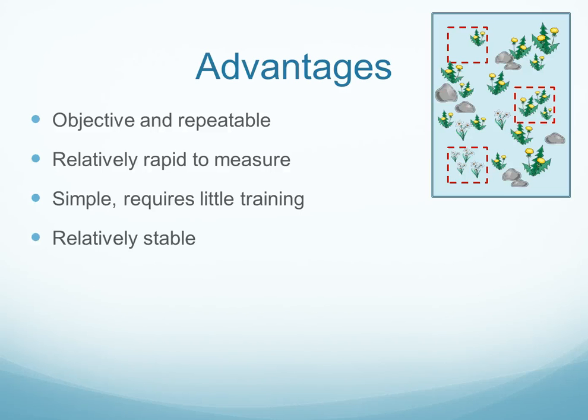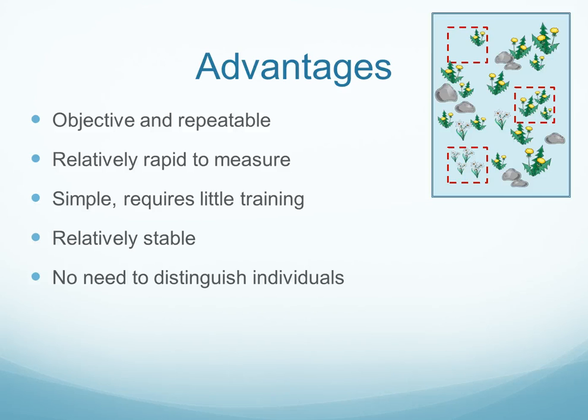Frequency measurements are relatively stable to environmental fluctuations that we would expect to see with changing seasons, or even between years. It's also relatively stable to biomass removal by grazing. So that's one of the advantages for it, because it does provide us with good information about vegetation change.